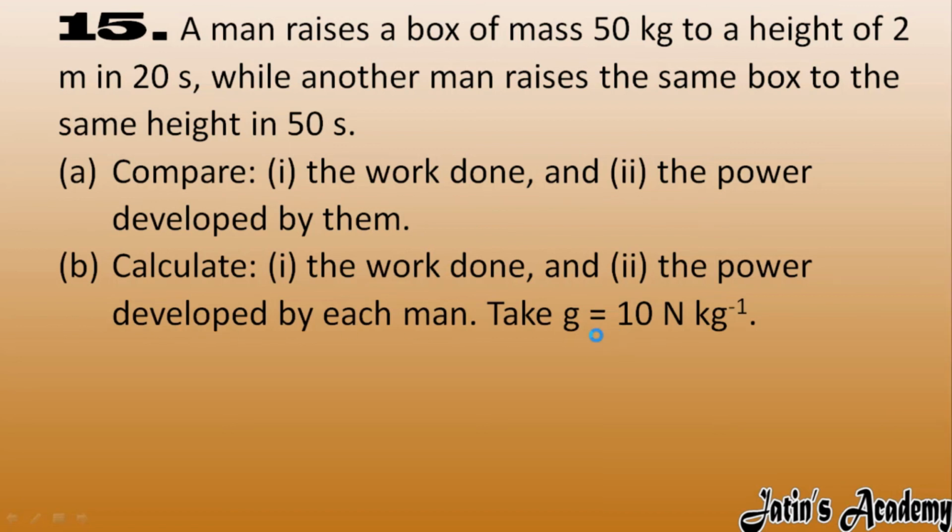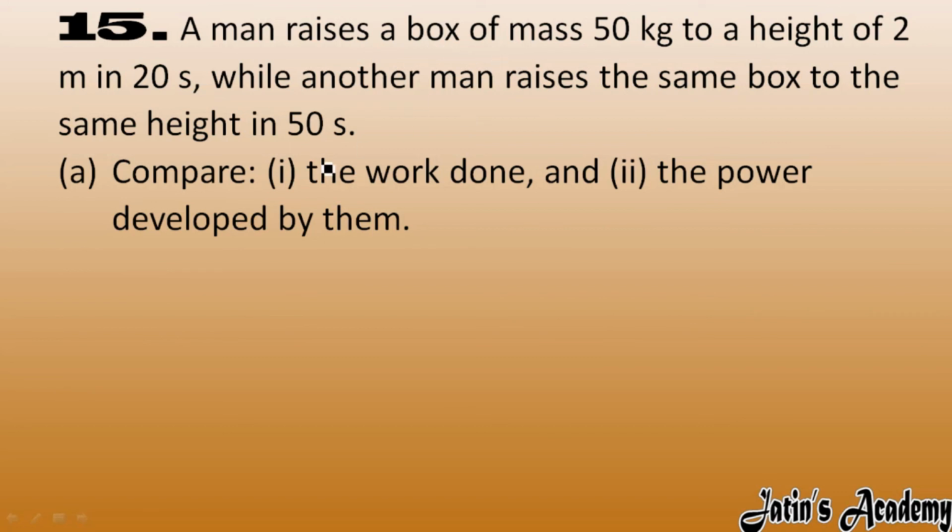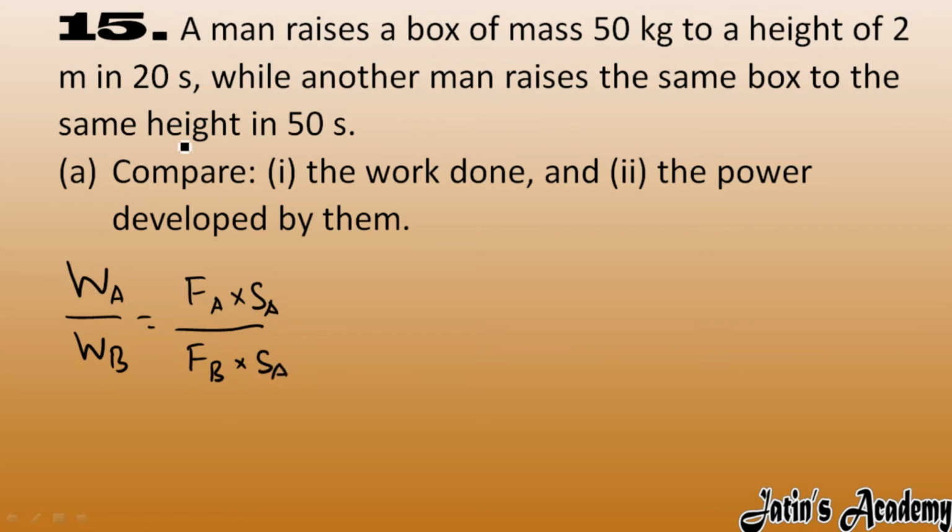So first, a man raises a box. We have to compare the work done. Comparison of work done means ratio. So force of A into displacement of A over force of another man and displacement of another man. In this case height is same, so displacement is same.